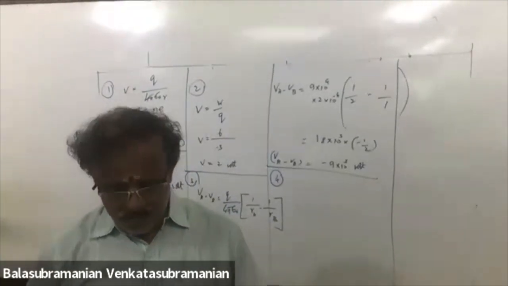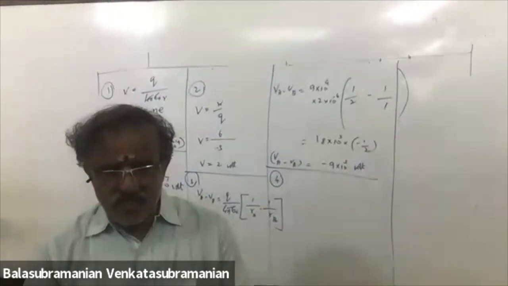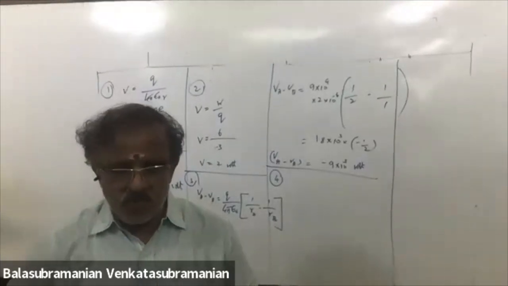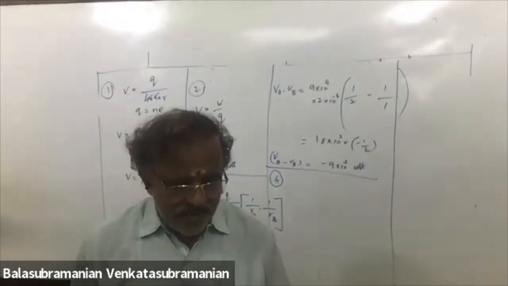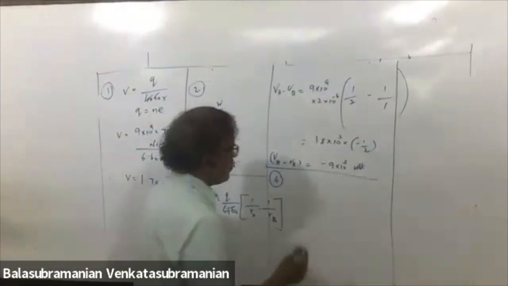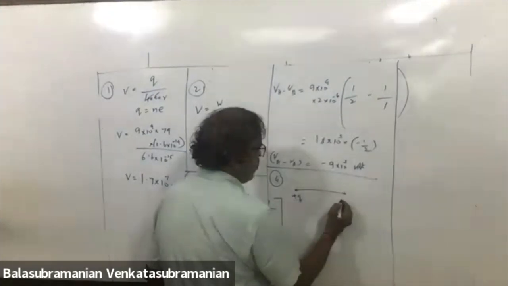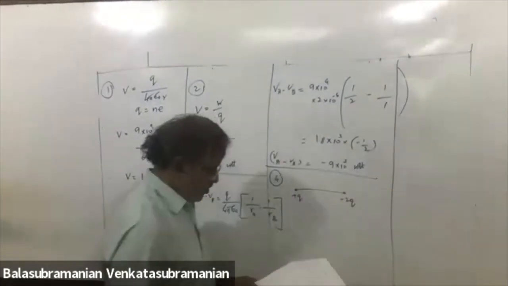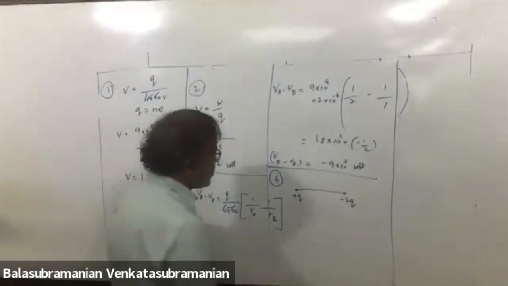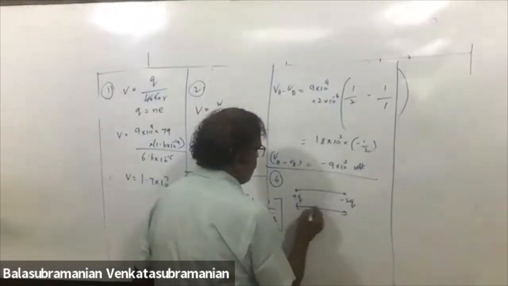Fourth problem. 2 point charges plus Q and minus 2Q are kept at a distance D apart. Plus Q, minus 2Q. Distance between them is D, given.